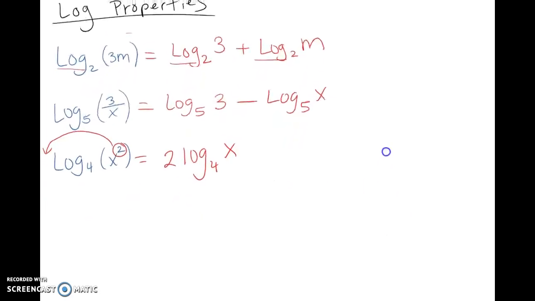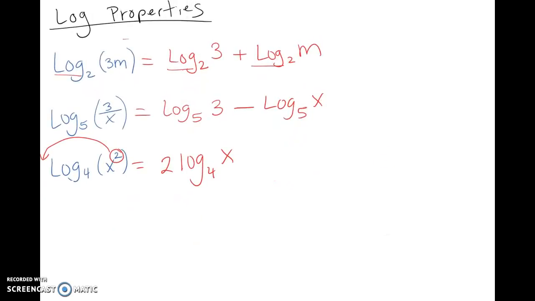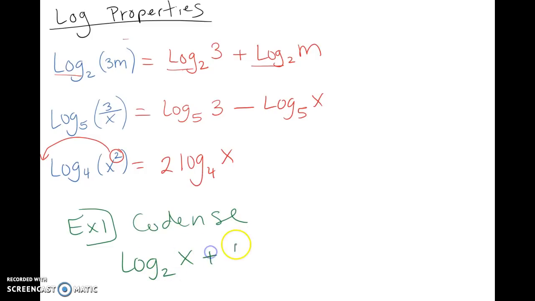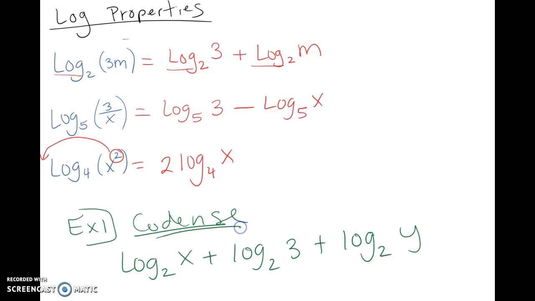Alright, now I'm going to go back to where I introduced my log properties to you, and we're going to try a couple examples. Let's try example 1, and let's say that it says condense. If I have log base 2 of x plus log base 2 of 3 plus log base 2 of y, how would I condense this?